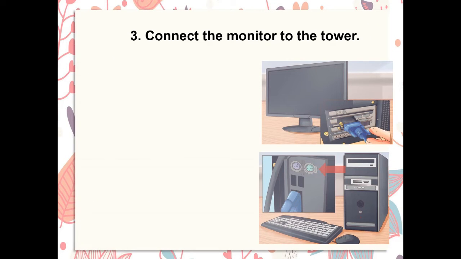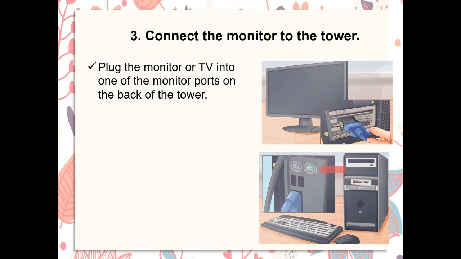Number 3. Connect the monitor to the tower. Plug the monitor or TV into one of the monitor ports on the back of the tower. You can see the picture beside the text.